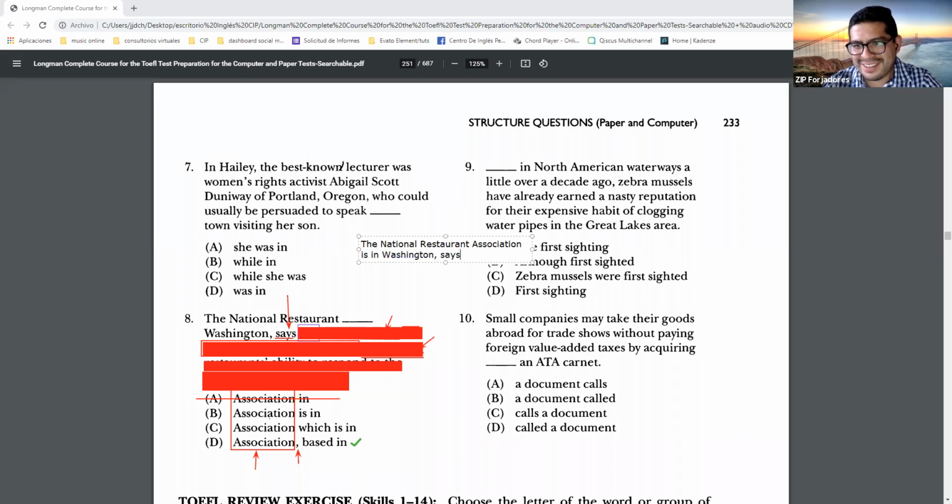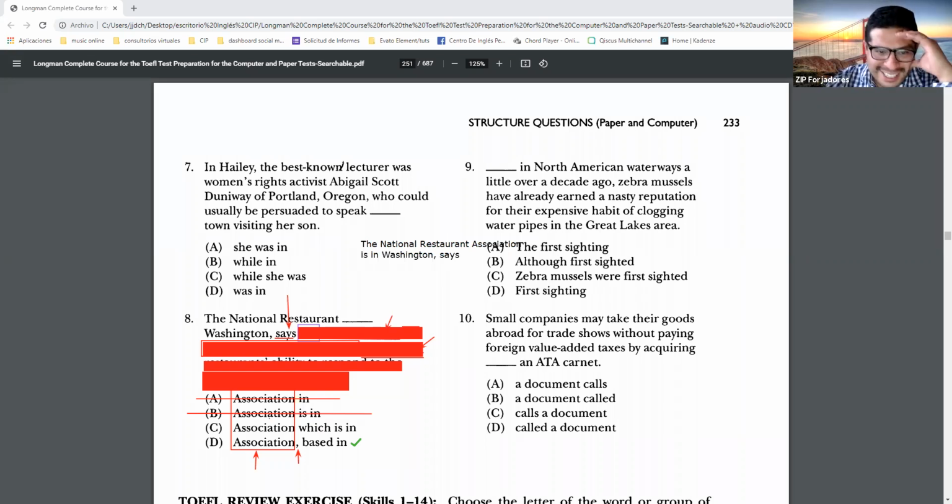That also cannot be, because you need two verbs, two subjects. Washington in this case is not a subject, it's the object of the preposition "in." So letter B cannot be. Okay, let's go with letter C.